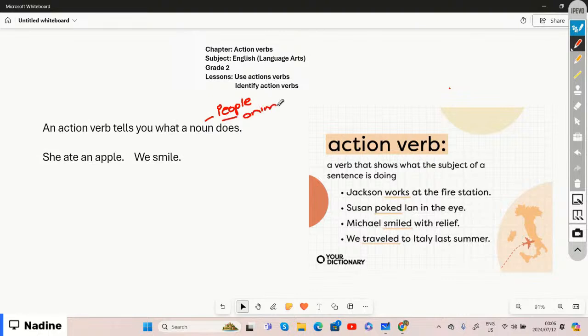Think of animals or even things, right? So which means that an action verb will tell us what either people, animals, or things are doing or what they do.